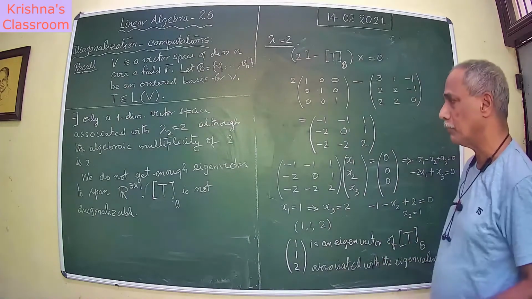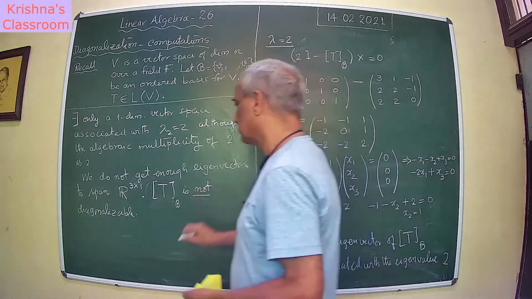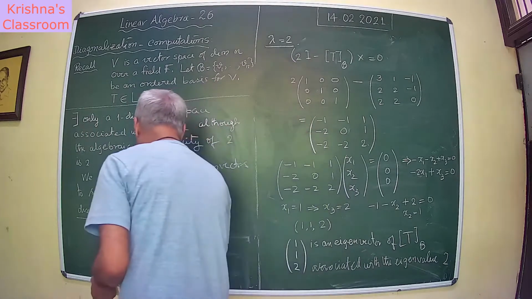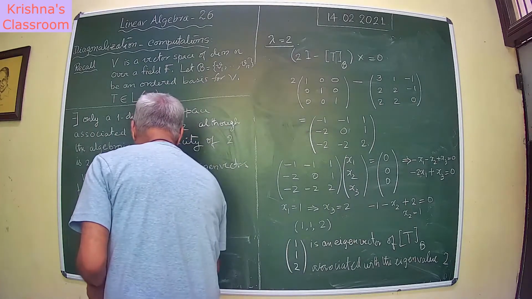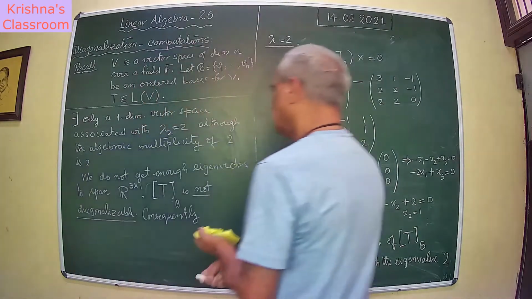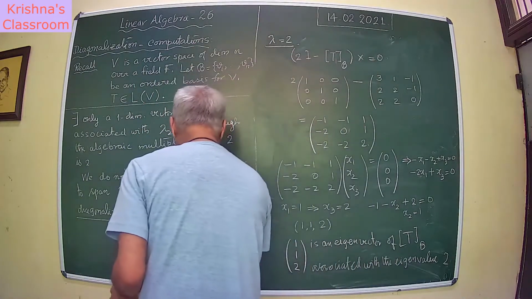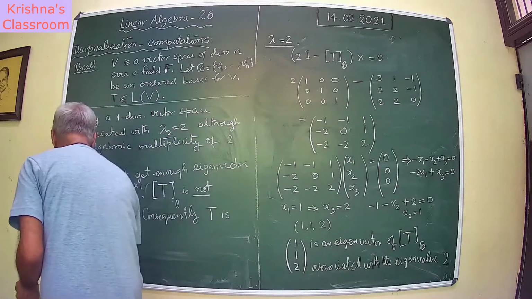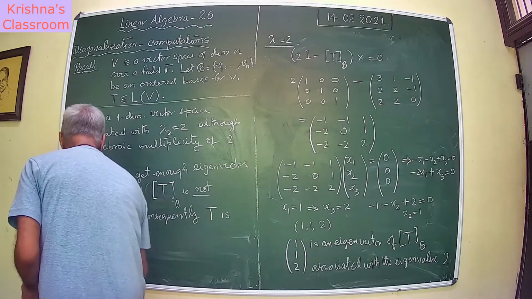This is a problem. So you do not have enough, and consequently P is also not diagonalizable.